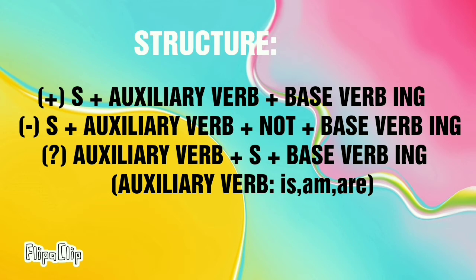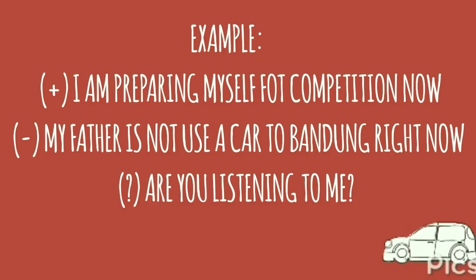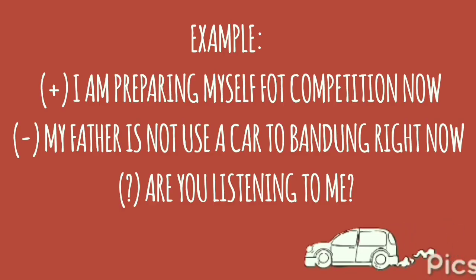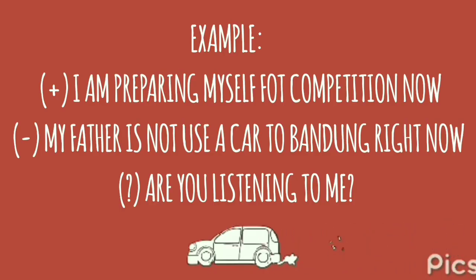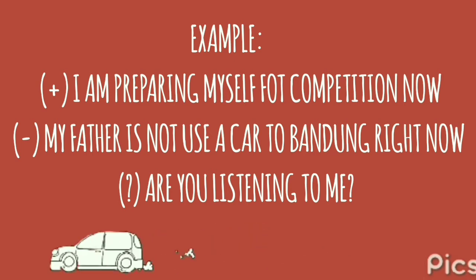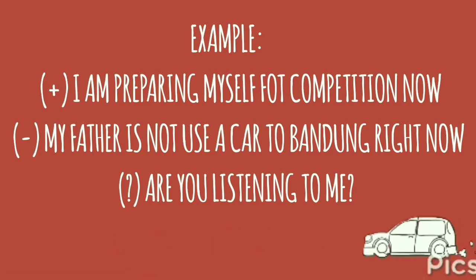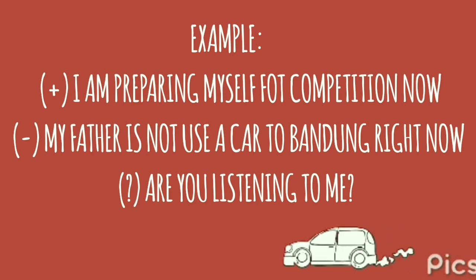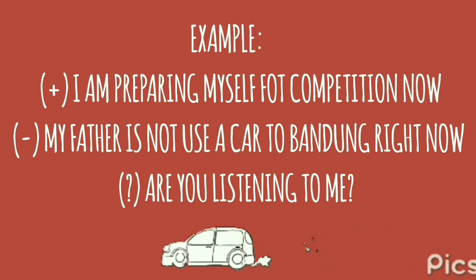If question, the formula is auxiliary verb plus subject plus base verb plus ing. For example, I am preparing myself for the competition now. In negatives, my father is not using a car to Bandung right now. In question, are you listening to me?